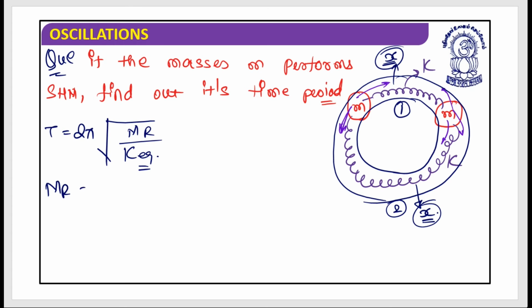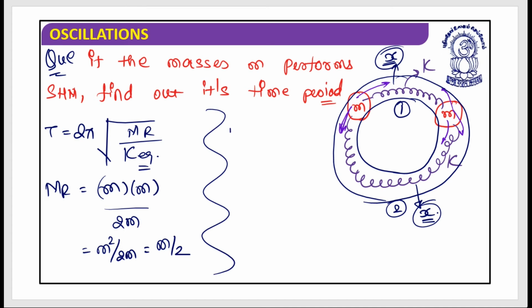So the reduced mass is equal to m into m divided by 2m, which is m square by 2m, which is m by 2. The k equivalent is equal to k1 plus k2, which is 2k, because both are identical springs.